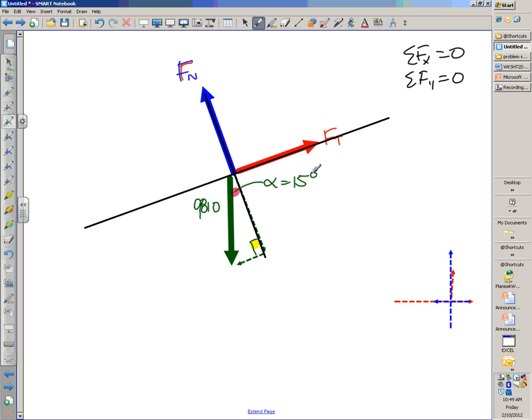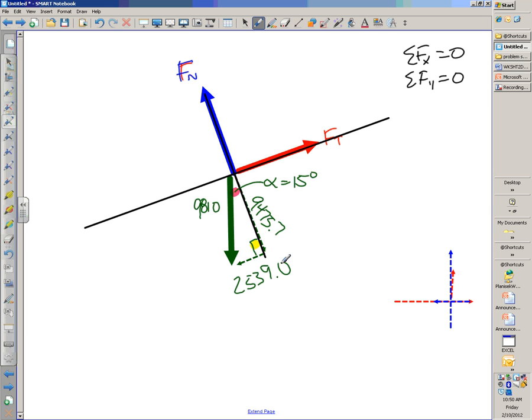So figure out the two remaining sides. And that's what I get when I do my sine and cosine and get the two sides of the triangle.